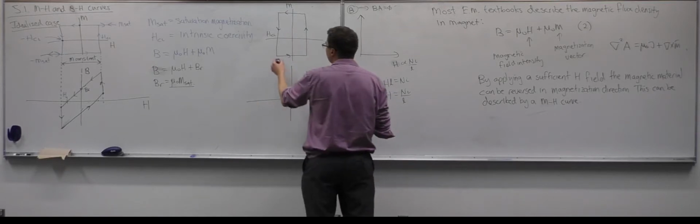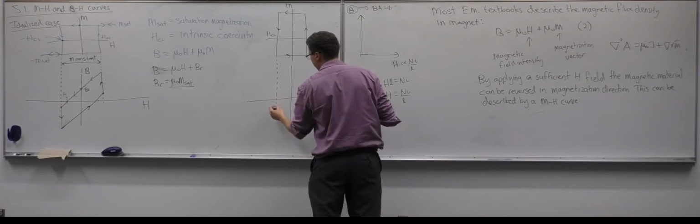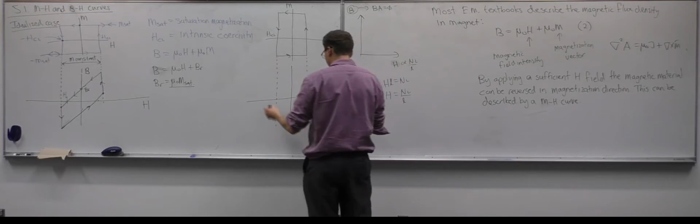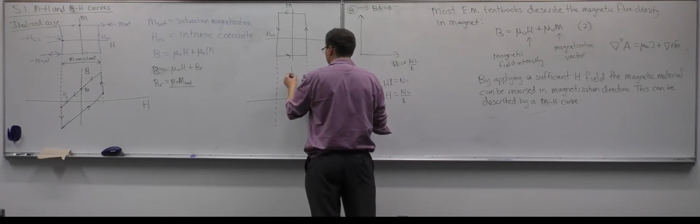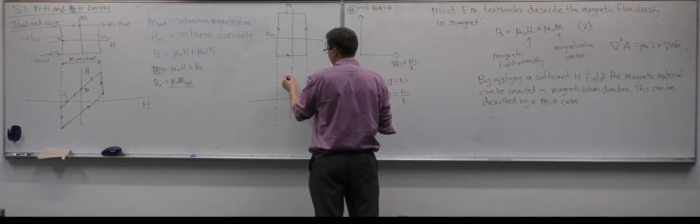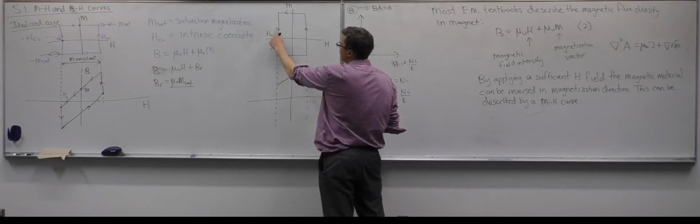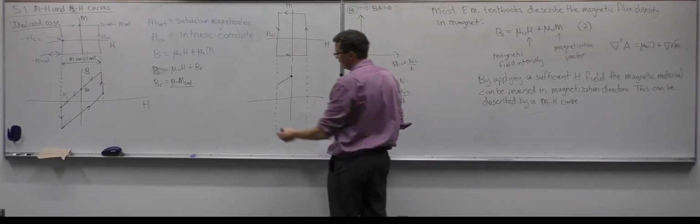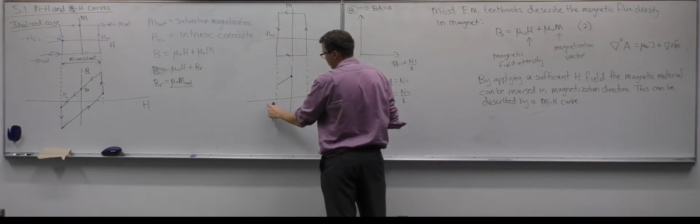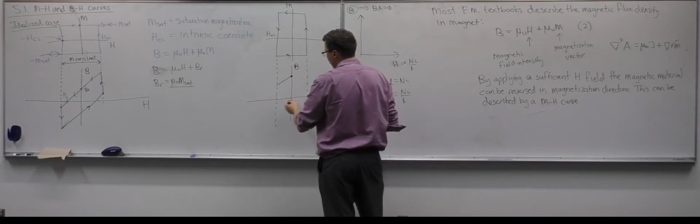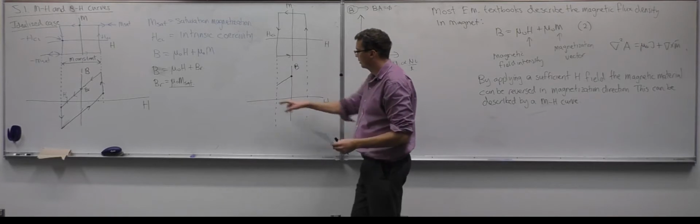that looks nonlinear. So we could start here, and it would come down, and then it would hit the point where the magnetization flips, and so it hasn't reached the B equals 0 point.